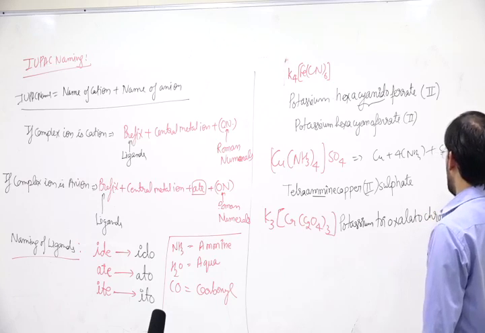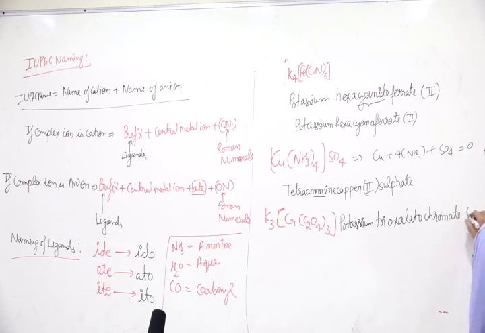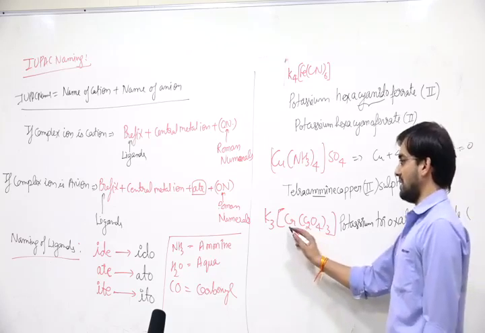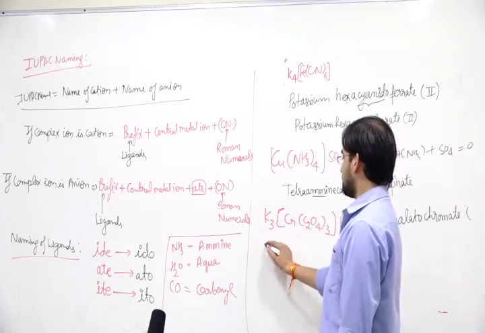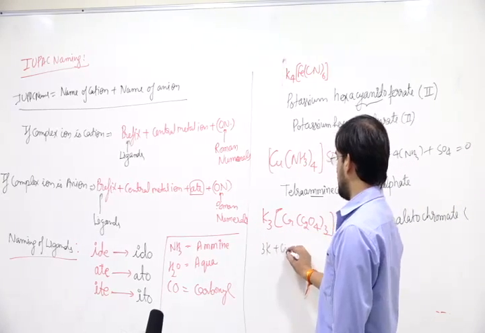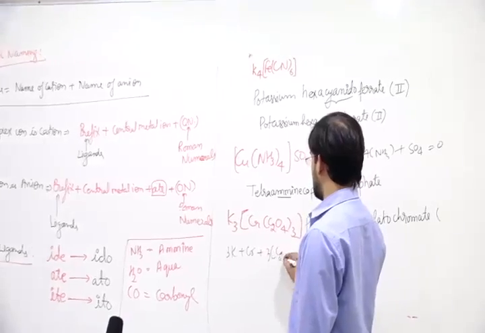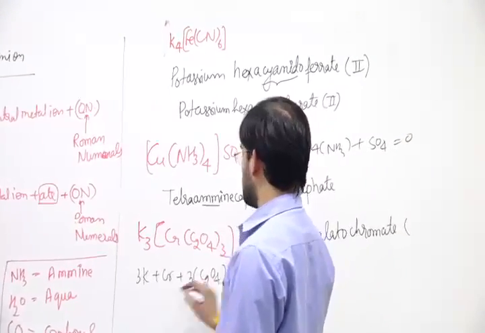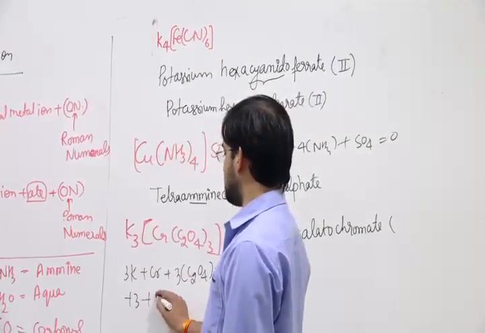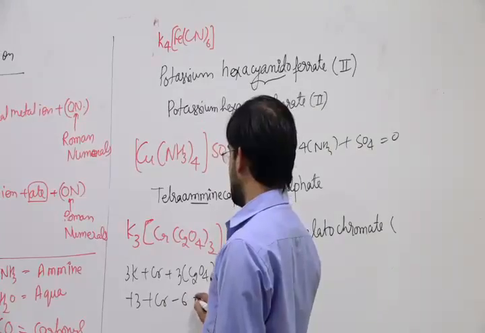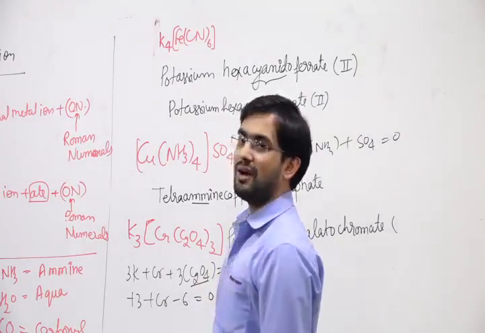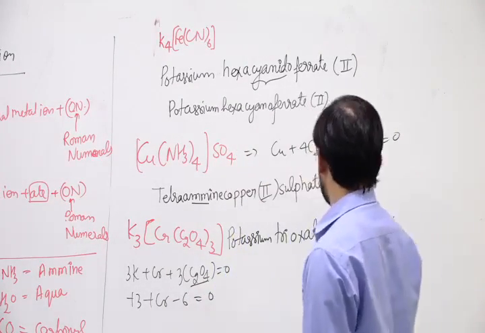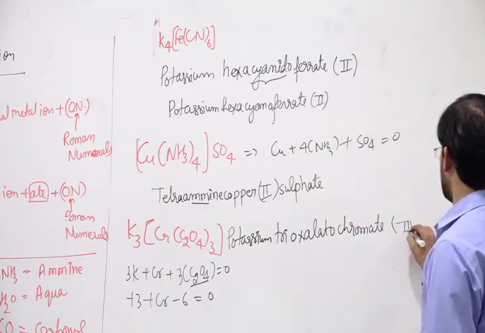Trioxalatochromate. Now we have to find the oxidation number. 3K plus Cr plus 3C2O4 equals 0. Plus 3 plus Cr minus 6 equals 0, because oxalate is minus 2. So we get Cr in 3 plus. Chromate(III).